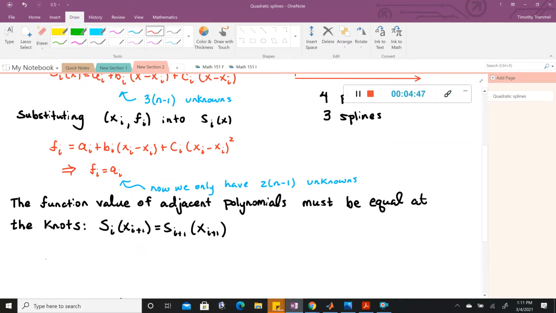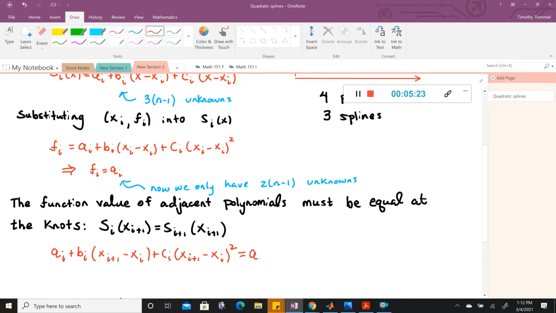The ith spline should look like a sub i plus b sub i, and we're going to be plugging in x sub i plus 1. And then we want to plug that same point into the i plus 1th quadratic spline.